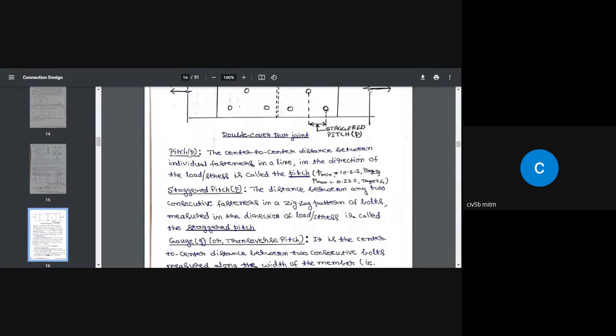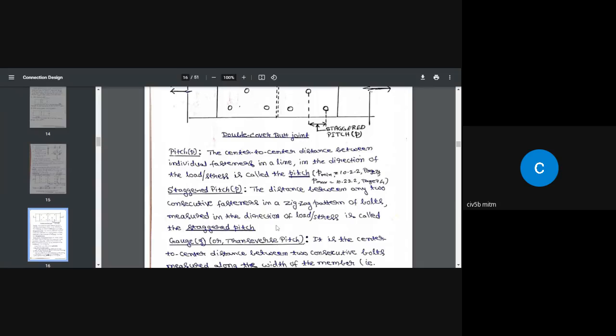So if you look here under pitch, small p, the center to center distance between individual fasteners in a line in the direction of the load or stress is called the pitch. So what is P minimum? That is going to be 2.5 times D as per 10.2.2, page 73, which I discussed with you just now. Similarly, P max is according to 10.2.3.2, page 74.